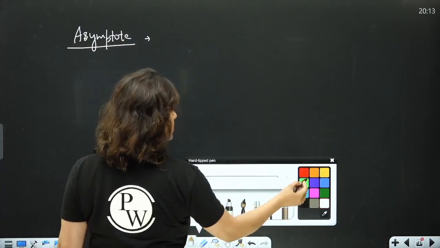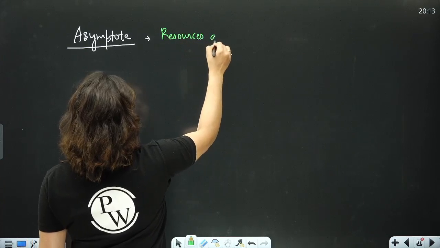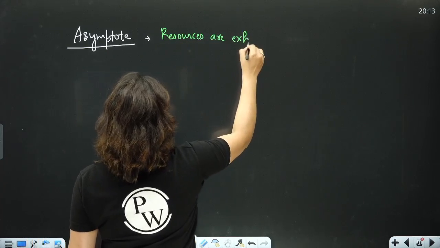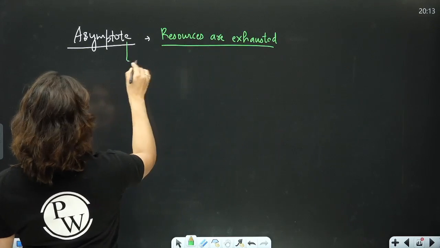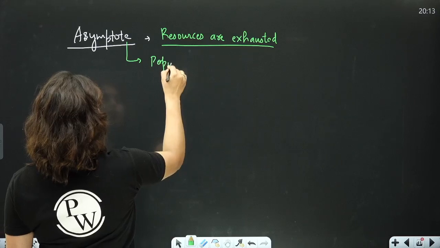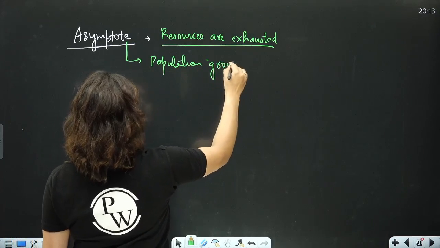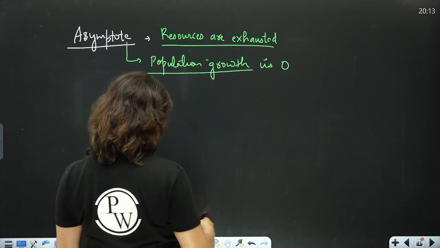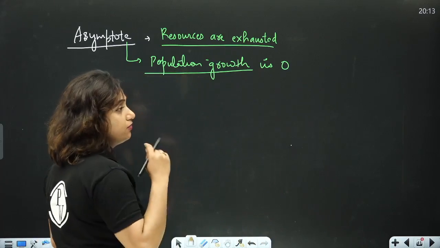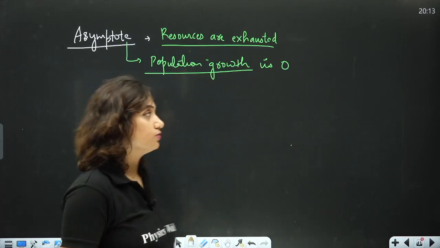The resources are exhausted, or you can say that the limit is achieved, and the population growth is zero. There will be no increase. The population will become constant, and if there are no nutrients, then it will start declining also, right?